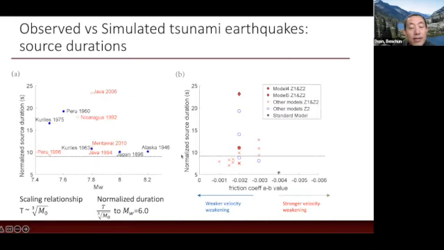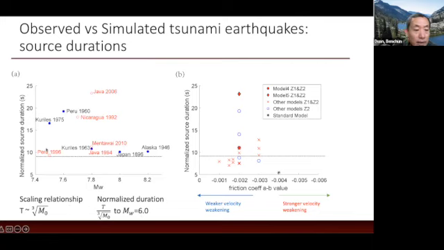So this is a comparison with observations in terms of source duration, as we mentioned earlier. One important feature of tsunami earthquakes is the longer duration. As shown here from observations, historical tsunami earthquakes have a normalized source duration, because they have different magnitudes, so we normalize to a magnitude 6 event.